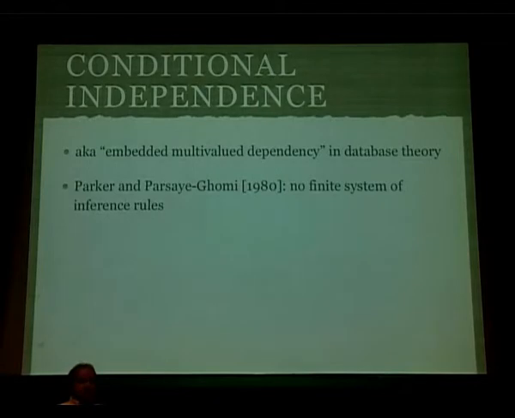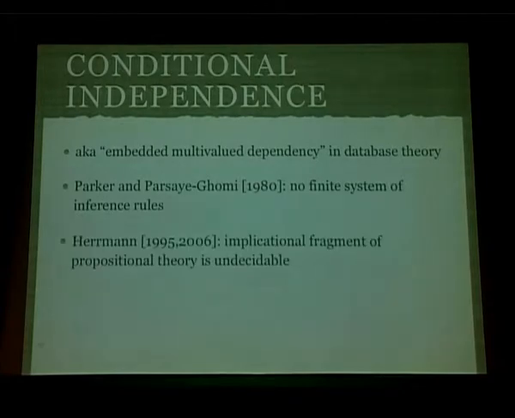So we no longer look at propositional formulas, just at the inference rules, how one independence statement could be inferred from another or from a couple of others and so on. In 1995, Herrmann proved that the implicational fragment, or propositional theory, of this relation is undecidable. He later found a mistake in his proof, incorrectly, 10 years later.